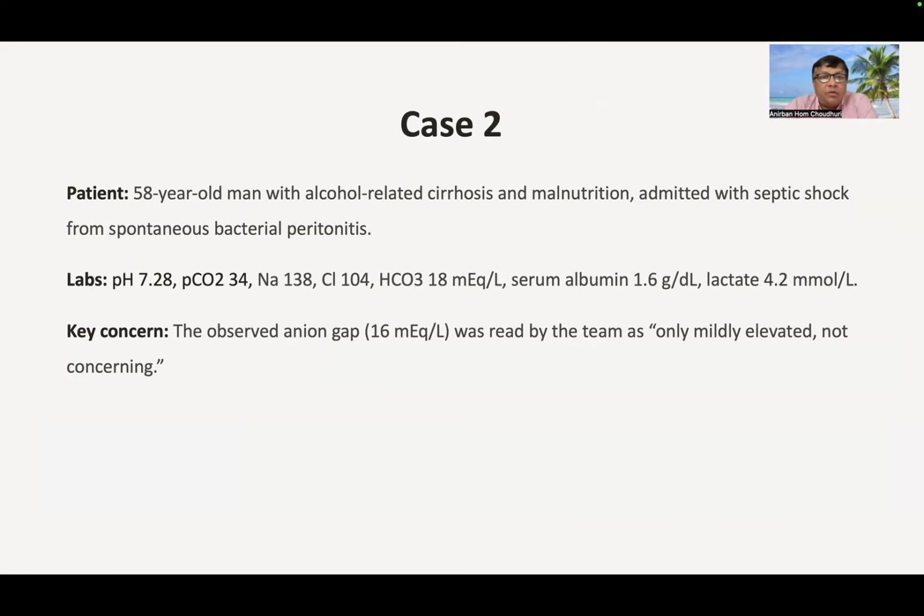A 58-year-old man with alcohol-related cirrhosis and malnutrition, admitted with septic shock from spontaneous bacterial peritonitis, is shifted to the ICU. The labs reveal a pH of 7.28, PCO2 of 34, sodium of 138, chloride 104, bicarb of 18, serum albumin of 1.6, and lactate of 4.2.